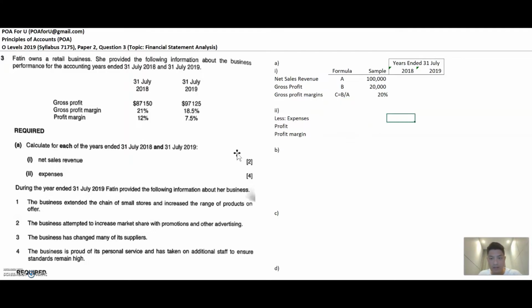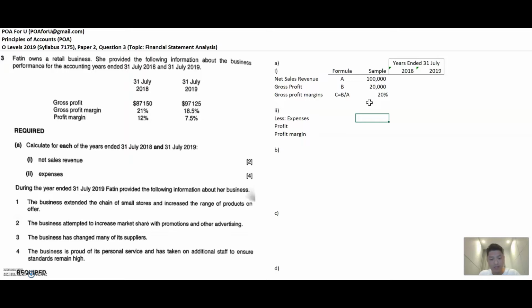Now, in a normal business, after gross profit, if you remember the structure of your statement of financial performance or your income statement, you will have your expenses as the next bucket before you derive the ultimate profits for the business.